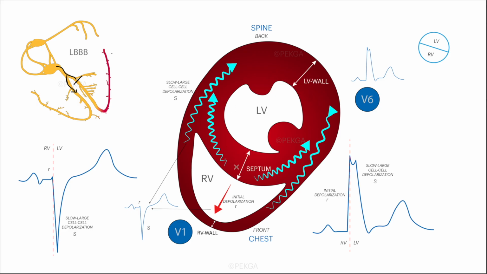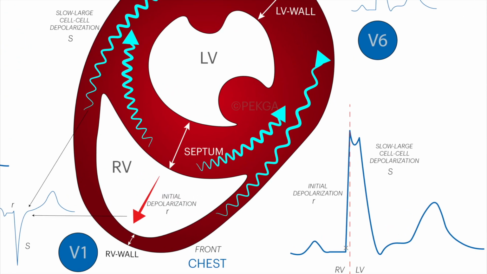And this is a giant piece of heart tissue. It's a big amount of mass. So what happens on the ECG, I misspoke there, you will always see this very quick, rapid inflection or depolarization that is representative of your initial right ventricular depolarization, and then as the signal enters the cell-to-cell depolarization, you will see a slowing down.